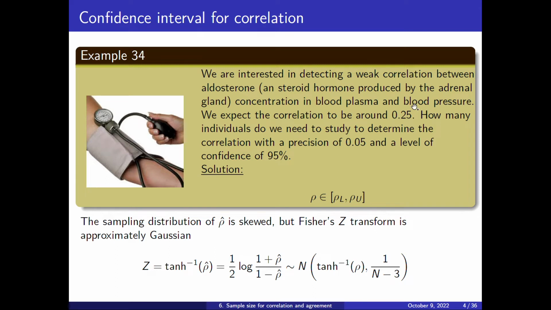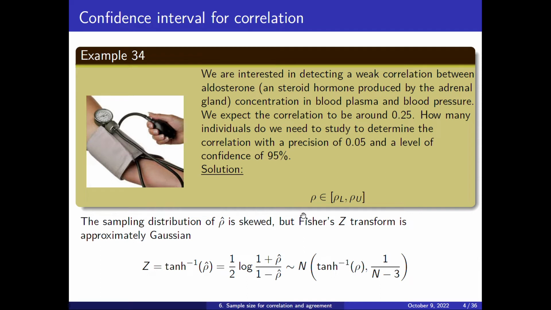For a number of people, we will measure X, the aldosterone concentration in blood plasma, and a variable Y, the blood pressure, and then we will compute the correlation between X and Y. We expect this correlation to be around 0.25. How many individuals do we need to study if we want to construct a confidence interval with a lower and upper bound on this correlation?